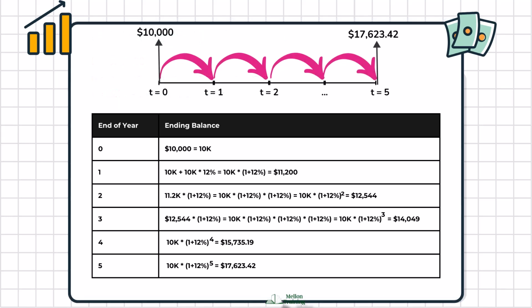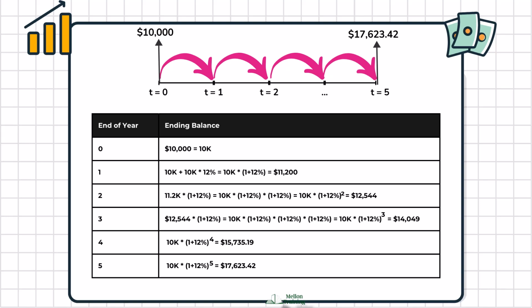And so what this means is that if we invest $10,000, that money is going to grow by 12% in the first year and then again by 12%. And then each subsequent year, whatever we had invested in the previous year is going to grow at 12%.